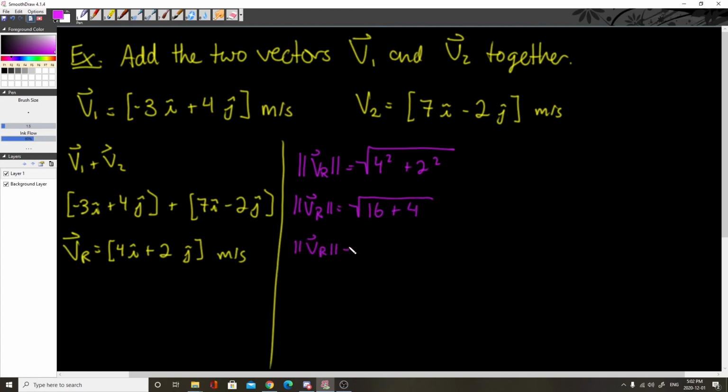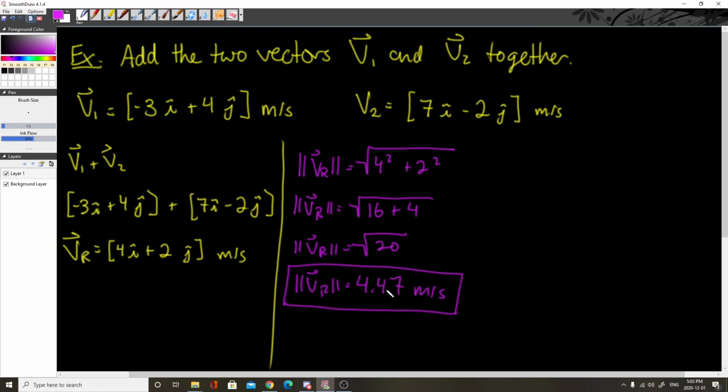We add those up together, we'll get the square root of 20, which gives us the decimal of 4.47. And of course, we need to have our units, meters squared. And this is our first part of our answer for this vector addition problem.